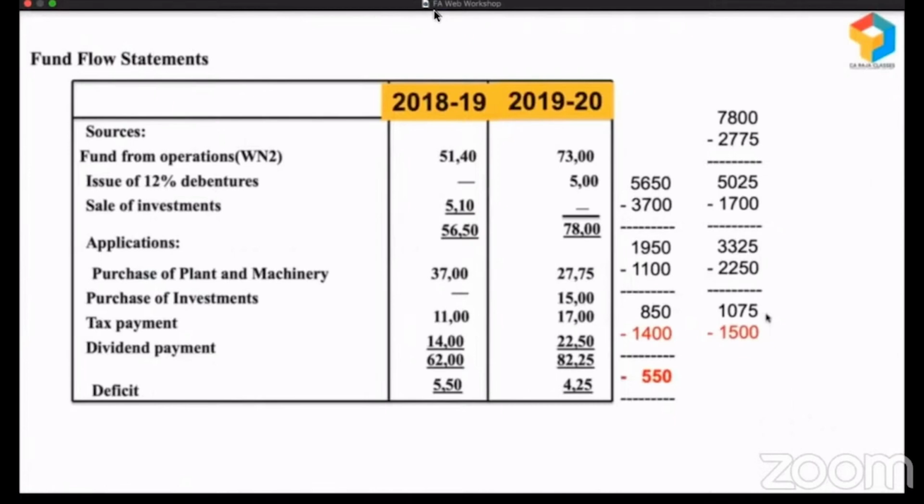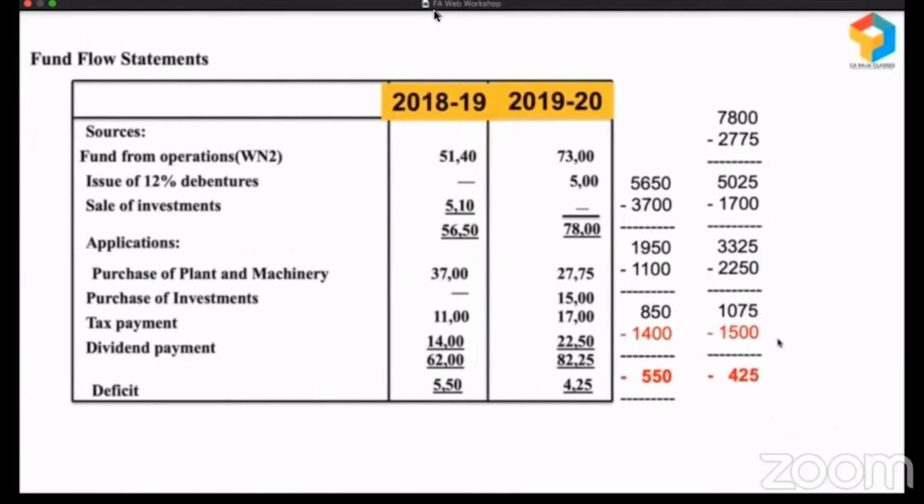They have purchased investments, some shares or stocks of some other company. By using whose money? By using some short-term money. They have only 1,075, but how did they spend 1,500? The 1,075 plus 425 gave them 1,500. They have invested in someone else's business.